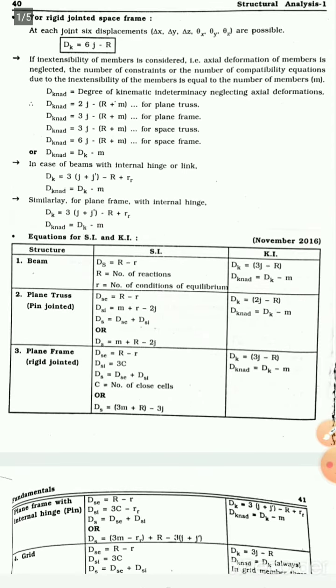What do we call it in short form? Dk NAD. So Dk NAD is equal to 2j minus (r plus m) for a plane truss; Dk NAD is 3j minus (r plus m) for a plane frame; for a space truss, Dk NAD is 3j minus (r plus m); Dk NAD is equal to 6j minus (r plus m) for a space frame. Or Dk NAD equals Dk minus m.